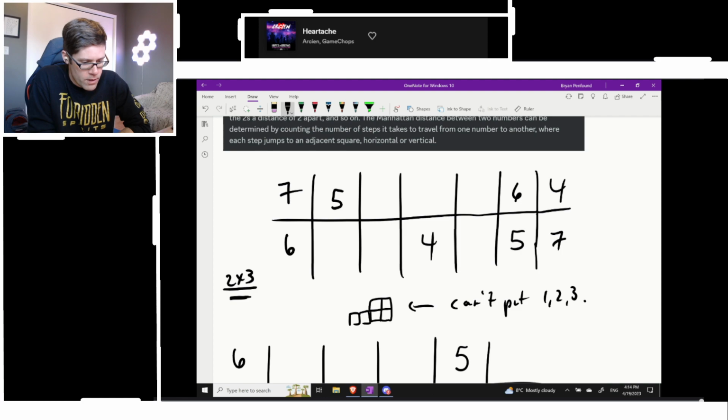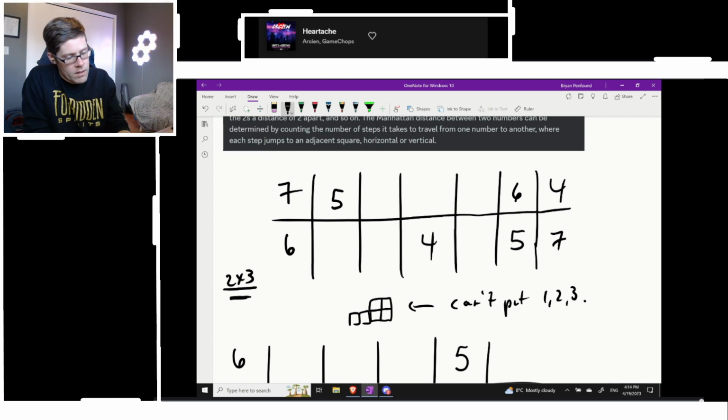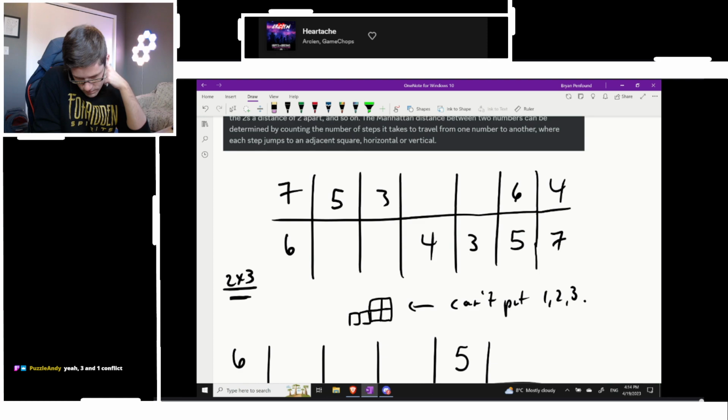I think the 3 is going to screw us again here, right? Because the 3 now has to be put in an L shape, here or here, or here and here. So it's just not possible to put the 1s, 2s, and 3s in this kind of configuration.